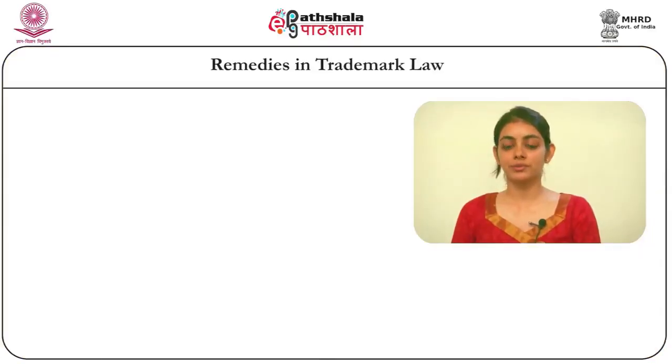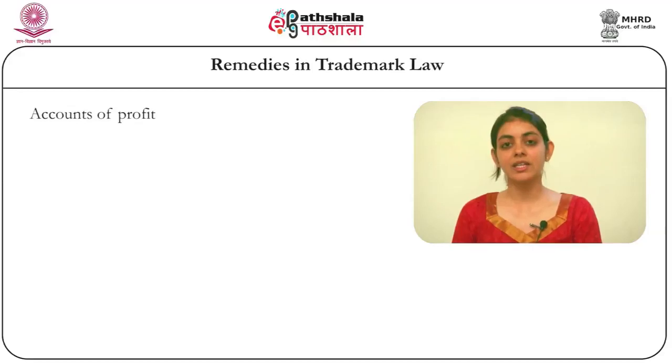We will now come to the next relief, which is account of profit. We had briefly touched on this relief in our discussion on compensatory damages. You may recall that compensatory damages try to make the plaintiff whole, and we discussed at least three ways of doing that. First was plaintiff's losses suffered due to the acts of the defendant. We also discussed a reasonable royalty model, and the third factor that we discussed was the profits of the defendant.